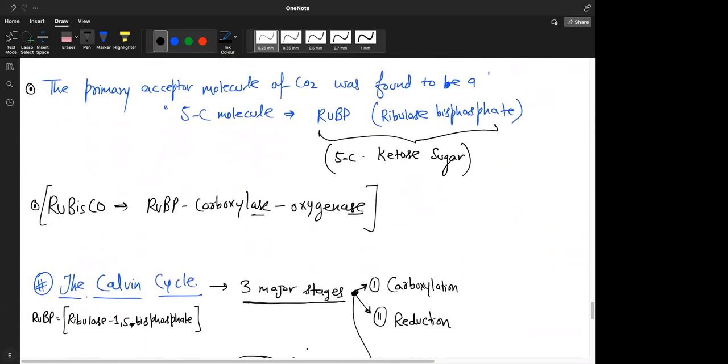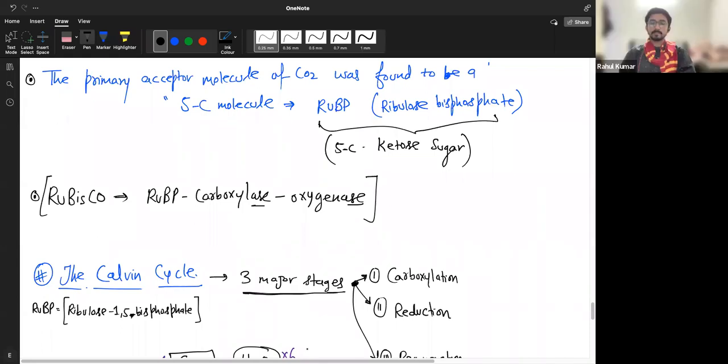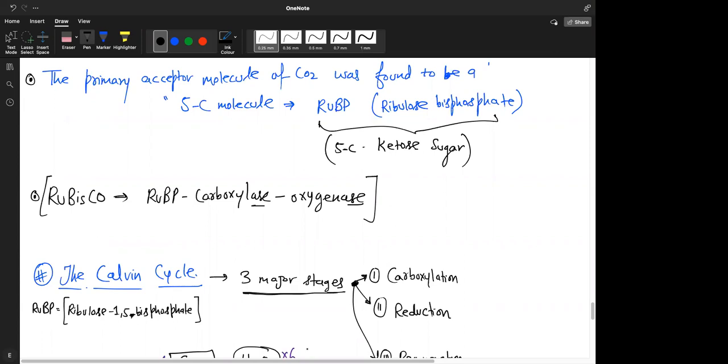Then the primary acceptor molecule of carbon dioxide was found to be a 5-carbon molecule, that is RUBP, ribulose bisphosphate. It is basically a 5-carbon ketose sugar. And the enzyme or the protein that helps to catalyze this carboxylation is rubisco.